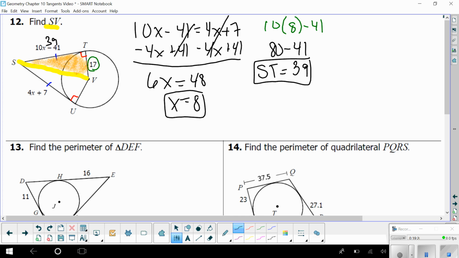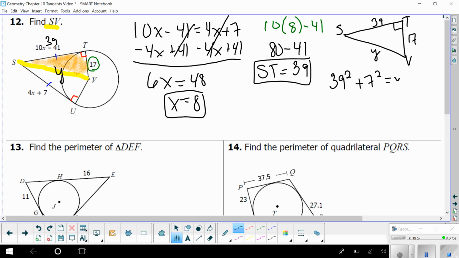So let's make this Y right there. So now I have this triangle where this is S, this is T, this is V, this is 17, this is 39, and I'm making this Y. This is my 90 degrees. So I have 39 squared plus 7 squared equals Y squared.